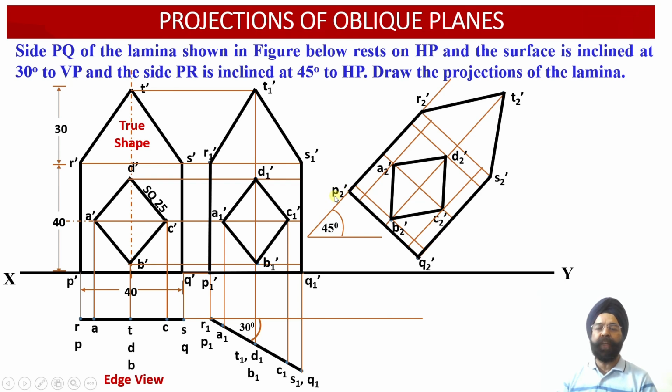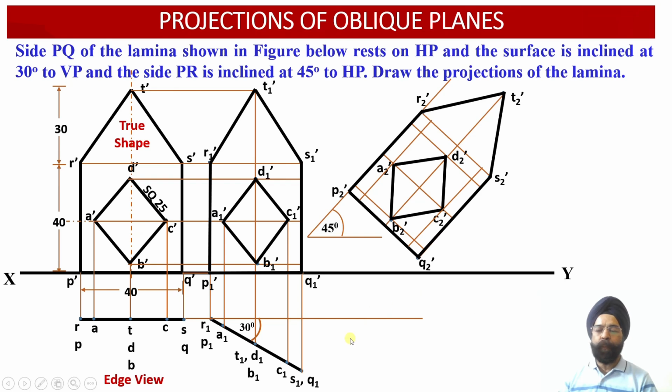So we have got P2 dash, R2 dash edge of this lamina being reoriented at an angle of 45 degree. Now having obtained these 9 points of the elevation projection view, which corresponds to the front view projections of the oblique lamina which happens to be inclined at an angle of 30 degree with respect to the vertical plane and 45 degree with respect to the horizontal plane, the front view projections have been obtained.